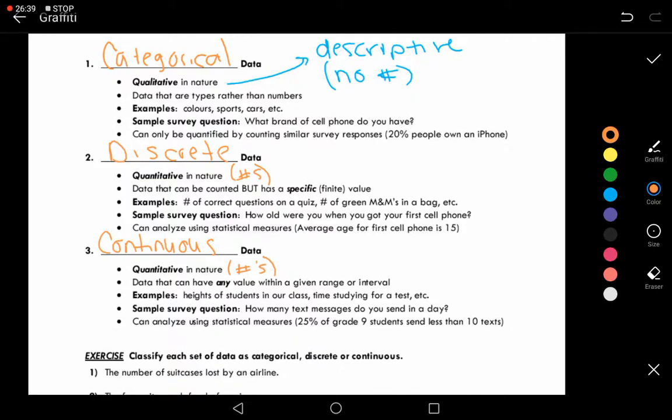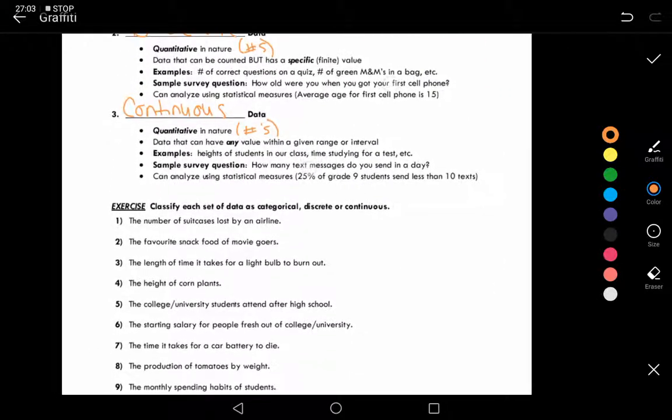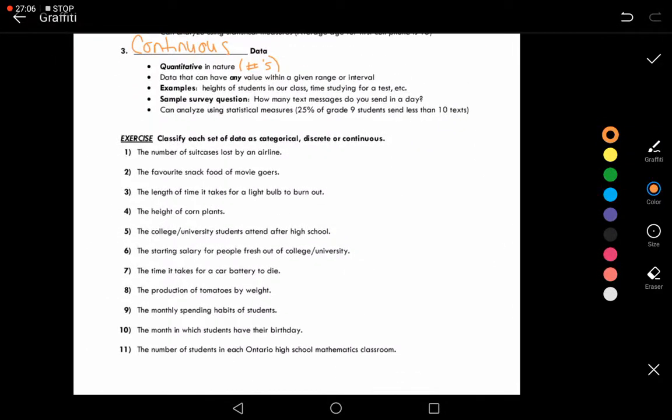For example, heights of students in our class, the time you take studying for a test. An example question: how many text messages do you send in a day? We can analyze using statistical measures just like the discrete. So for example, 25% of grade 9 students send less than 10 texts, which again, that's probably out of date too.